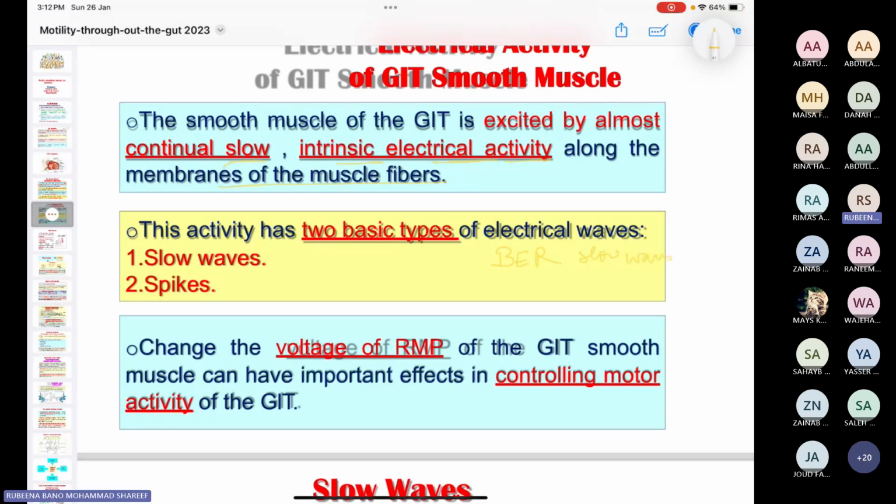Okay, this is also called slow waves. It is occurring continuously in the whole GI tract, okay, excluding the esophagus. I will explain it later in the later slides. It has two waves, slow waves and the spikes, right?